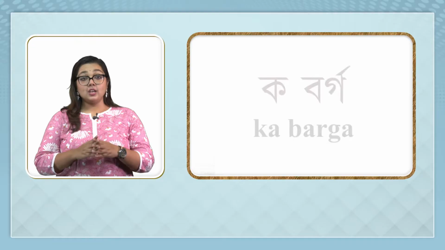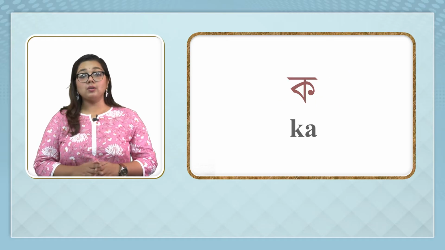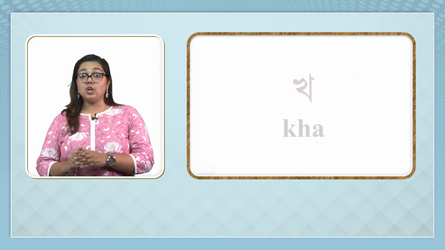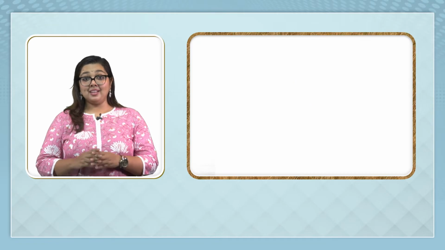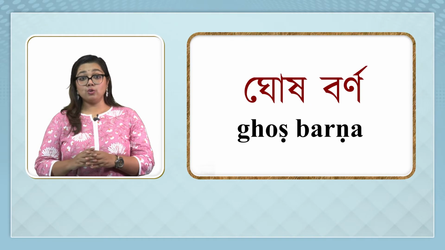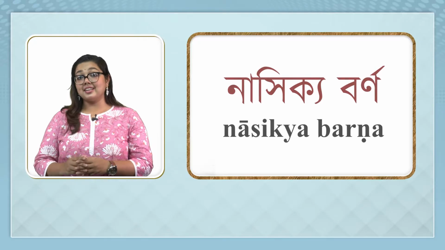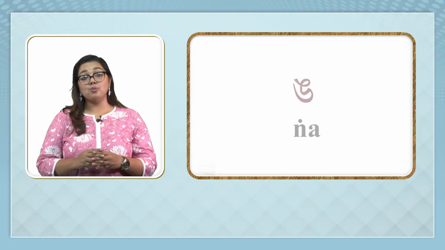Let's look at Ko borgo as an example. Ko borgo has Ko, a voiceless, that is Aghosh borno, followed by its aspirated, that is Mahapran, counterpart Kha, and then voiced, that is Ghosh borno, Ga, followed by its aspirated voiced counterpart, that is Mahapran, Gha, and finally nasal, or Nashikko borno, Wa.